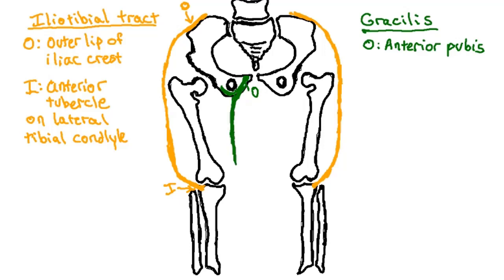So it runs down the inside of your thigh, the gracilis does, and then it attaches to the shaft of the tibia. Here's the shaft, and the medial side, so that would be the inside of the tibia, the shaft. It attaches right about here. So it attaches to the medial side of the tibial shaft in the anterior section and kind of in the front.